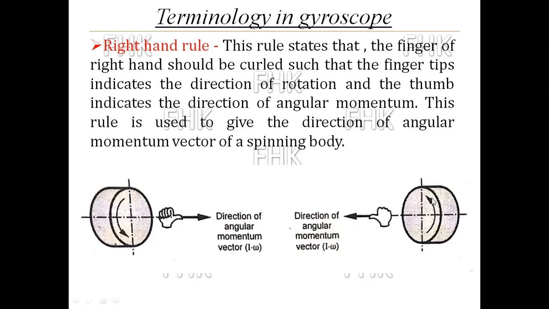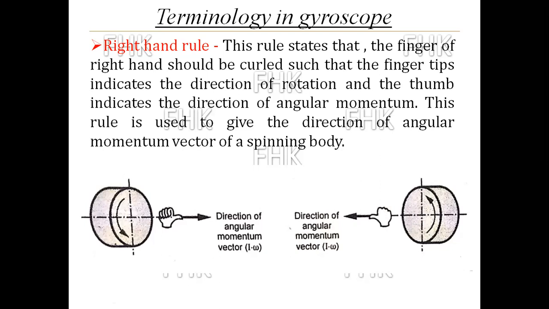In this second figure, if you observe from the left hand side, you can see whether the direction of rotation of the rotor is clockwise or anti-clockwise. Your curling fingers will indicate the direction of rotation of the rotor.